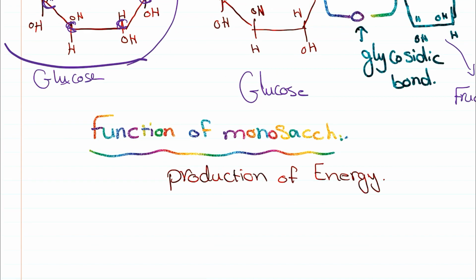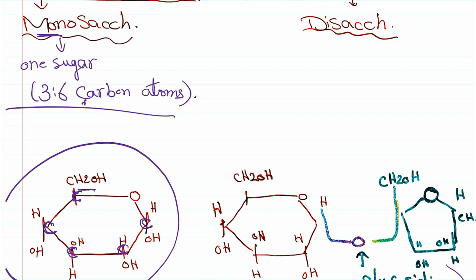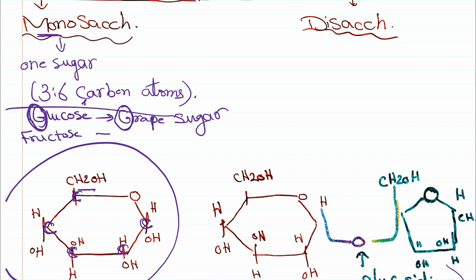What are the examples of the monosaccharides? We have glucose, also called grape sugar. Please focus: glucose, G, grape sugar, G and G. We have fructose, fruit sugar, F, to never forget this.